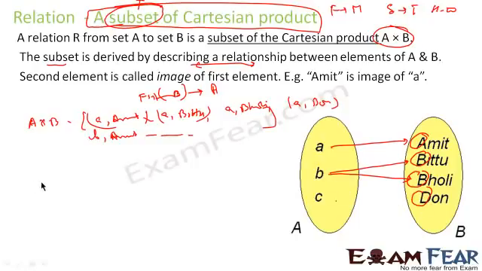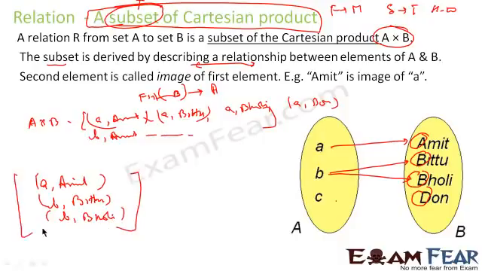So in this relation, the pairs will be a comma Amit, this is 1, b comma Bittu, this is another relation, and b comma Bholi. These are the only 3 values in this set.